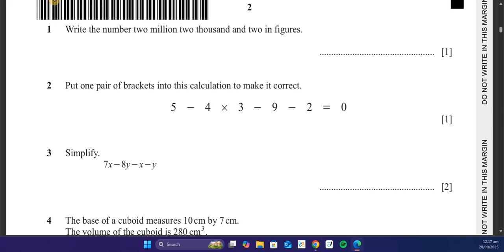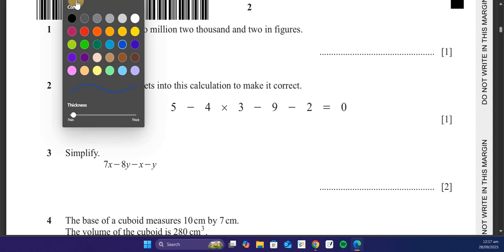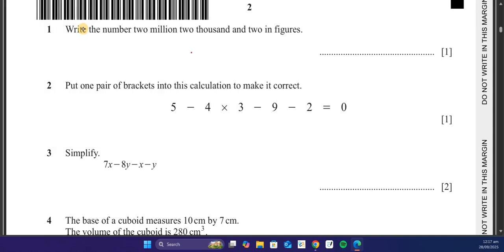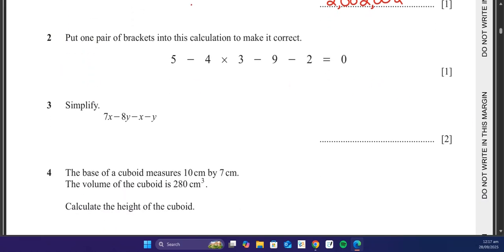Okay, so this is pretty simple. 2,002,002 in figures would be 2,002,002, and we're going to put commas for our understanding. So 1 2 3 comma, 1 2 3 comma. All right, so that is 2,002,002.